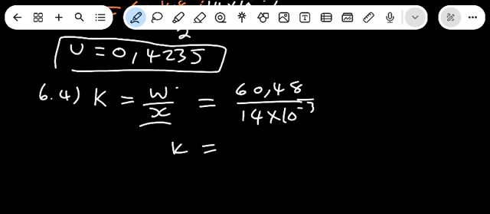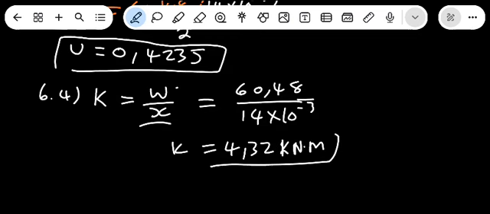The stiffness will be 4.32 kilonewton per meter. It is measured in newton per meter, but I'll just write it in kilonewton per meter. That is the stiffness.